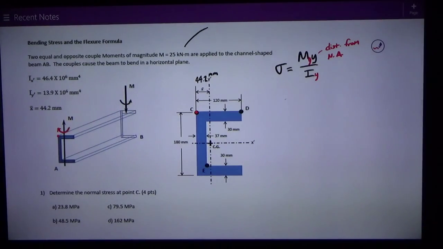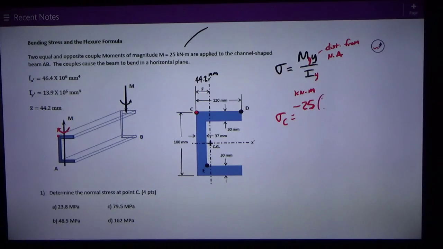So it's really just kind of a matter of getting the units correct. The sigma at C is the moment, which is going to be producing compression, so I'm going to show it as negative, 25 kilonewton meters. And I want to work in newtons and millimeters.